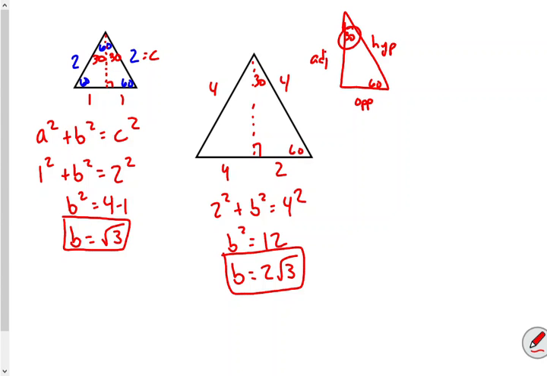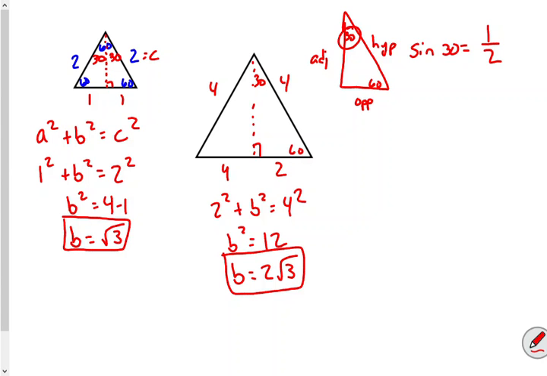So we have sine of 30, right? The sine of 30, which if you remember from your geometry class, the sine is equal to the opposite over the hypotenuse. So in this case, my opposite here would be 1 over 2.